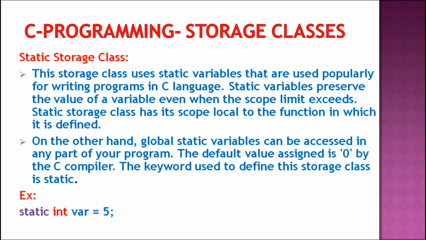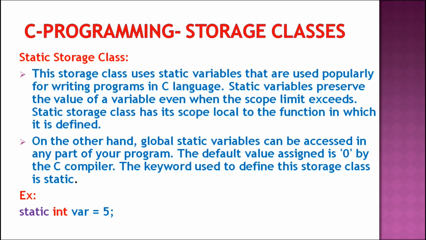Static storage class. This static storage class uses static variables that are used popularly for writing programs in C language. Static variables preserve the value of a variable even when the scope limit is exceeded.